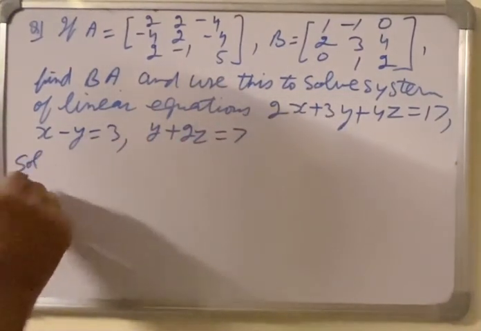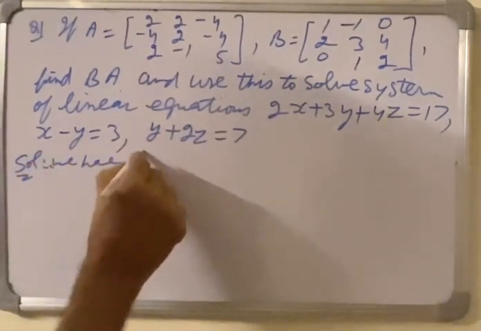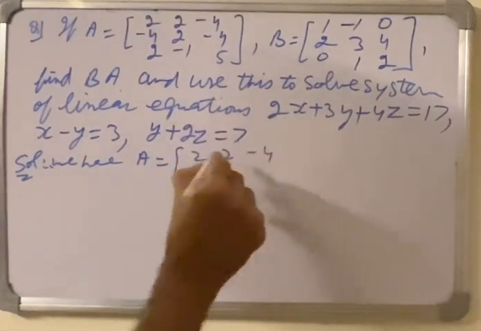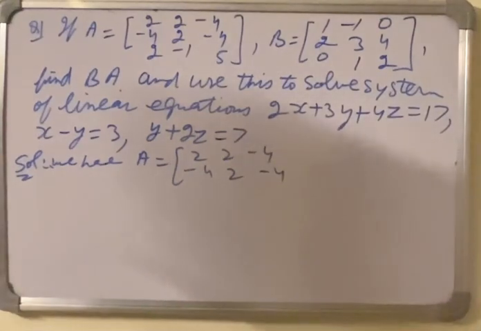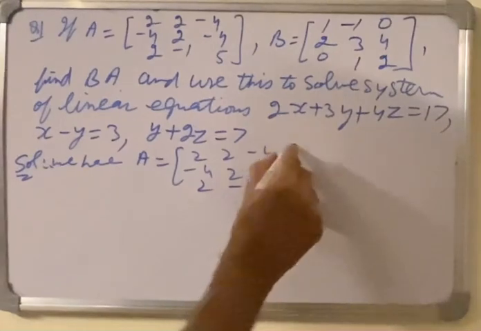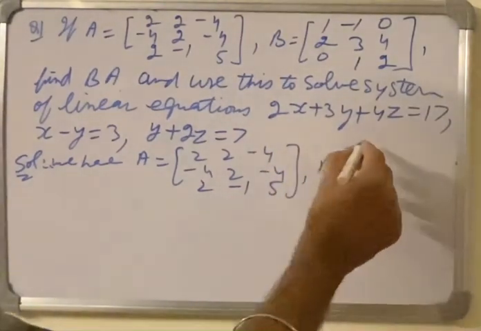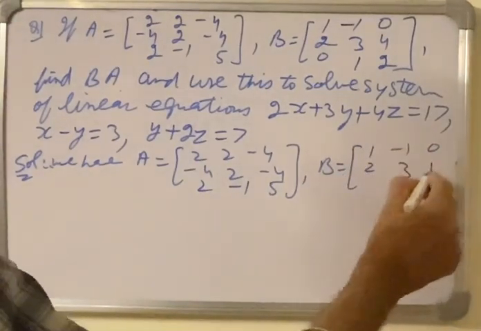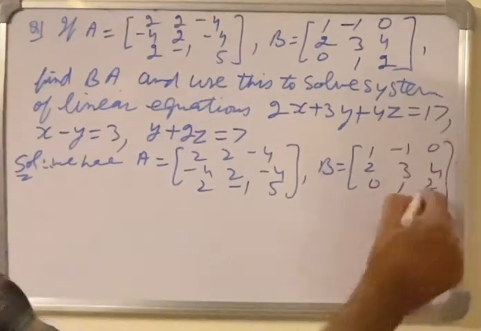Solution: we have A is equal to [2, 2, -4; -4, 2, -4; 2, -1, 5]. Matrix B is [1, -1, 0; 2, 3, 4; 0, 1, 2].